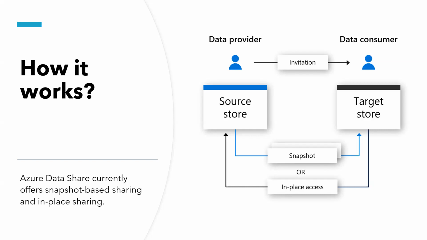Data providers can offer their data consumers incremental updates through a snapshot schedule. Snapshot schedules are offered on an hourly or daily basis. I will show you how to schedule these when we log into Azure portal.